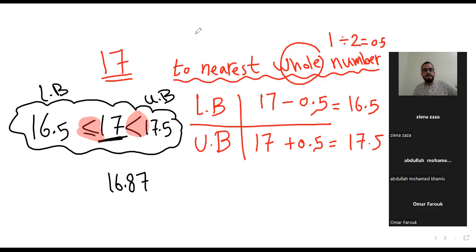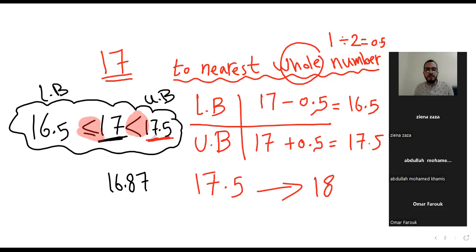Because any number between 17 and 17.5 is bigger than 17 itself. If you choose 17.5 and round it to the nearest whole number, it would equal 18, not 17.